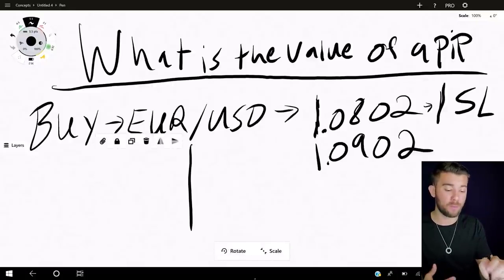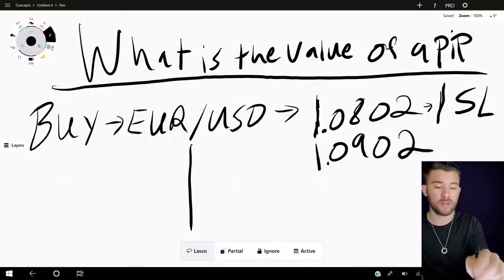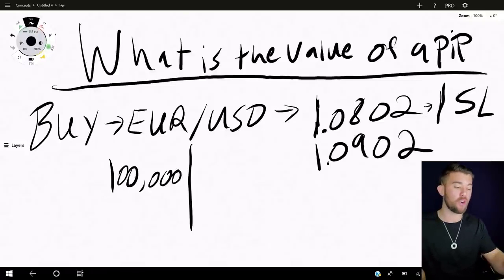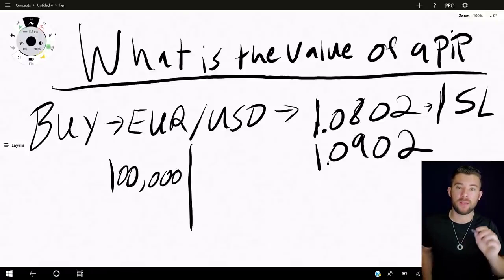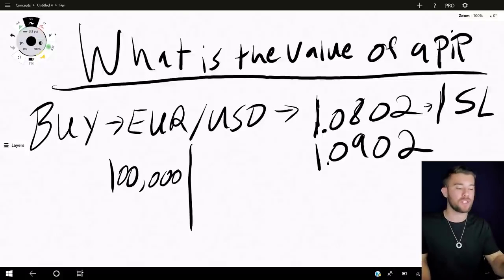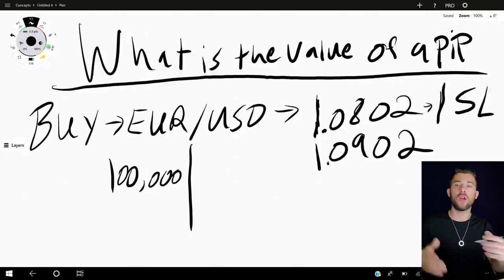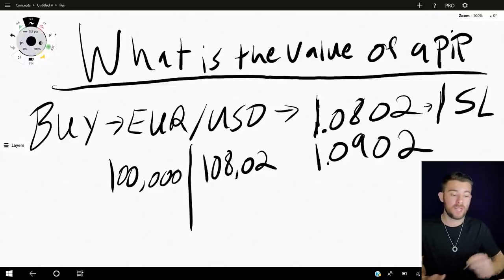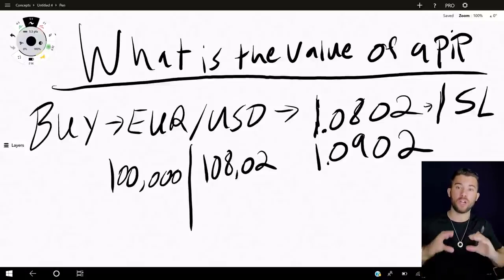So if you're going to purchase 100,000 euros, your brokerage is going to charge you the exchange rate that the market currently has, which is 1.0802. 100,000 times 1.0802 would be, they will charge you $108,002. So that's what you're being charged to get 100,000 euros.